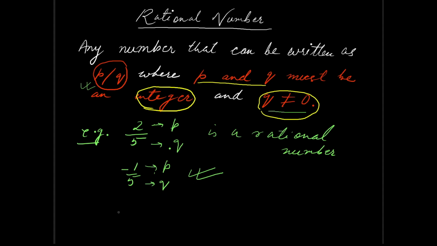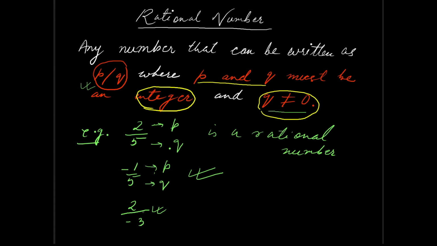Okay, let's check another example. 2 by minus 3. Is 2 by minus 3 a rational number? If 2 by minus 3 satisfies all these three conditions, then it will also be a rational number. The first condition, p by q, yes, it is satisfying. The second condition, p and q must be integers. So p is equal to 2 here and q is equal to minus 3.